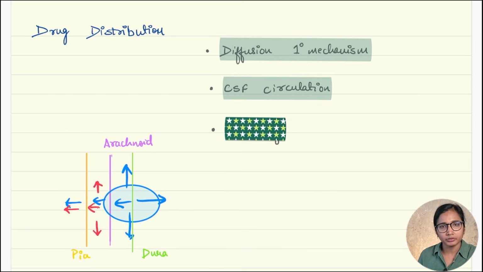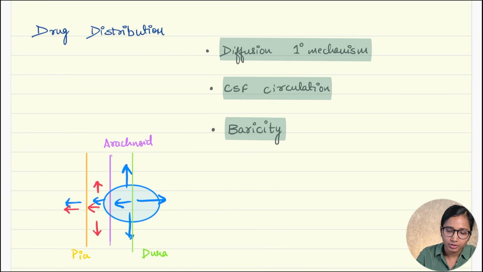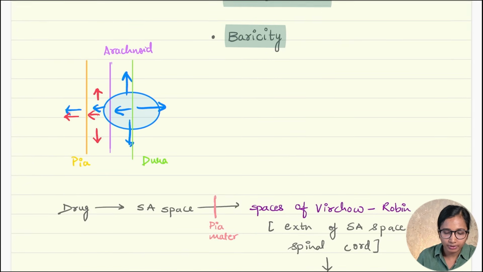As the turnover is higher in the pediatric age group, the drug gets distributed early and absorbed early. So, CSF circulation plays a role in drug distribution. Baricity of the drug also affects drug distribution. We will discuss each of them.